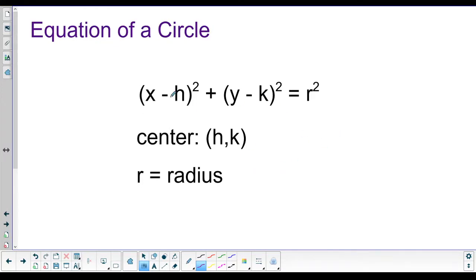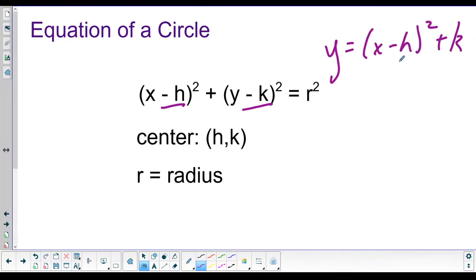So, just like most other equations, we can have circles with transformations, and the way we transform them is with an h and a k value, just like we have something like y equals (x minus h) squared plus k. And this is our horizontal shift, this is our vertical shift. These h and k's do the exact same thing that these h and k's do.